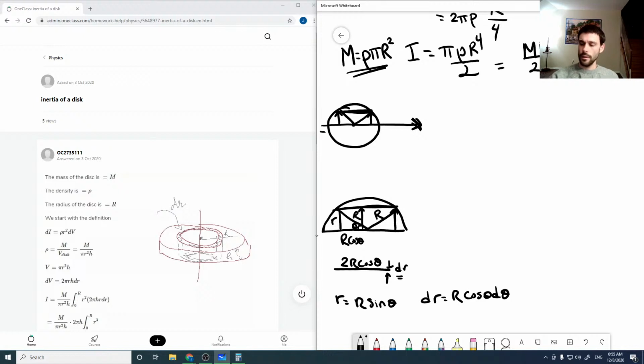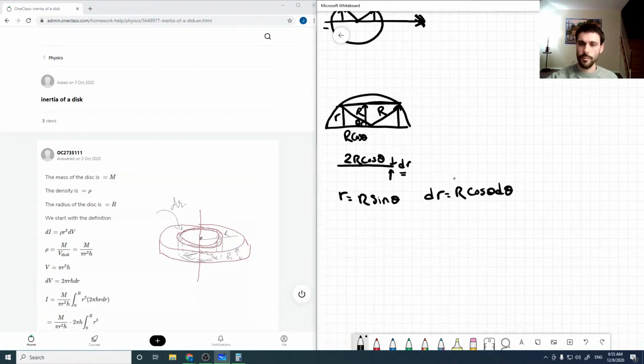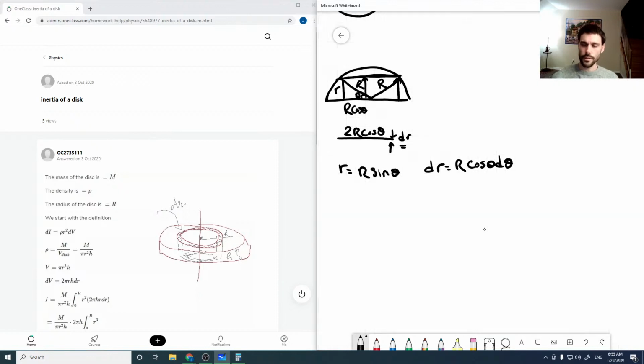And now our area segment, as we defined previously, is just the length times the width. I'll just write it all out, actually.